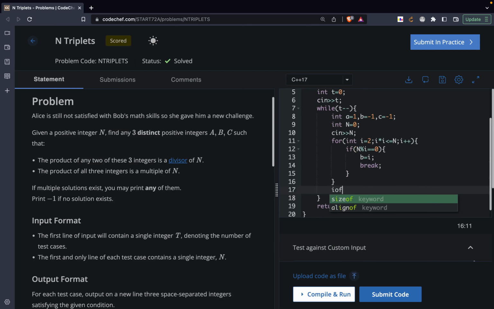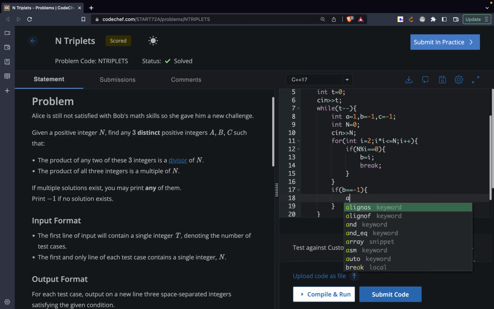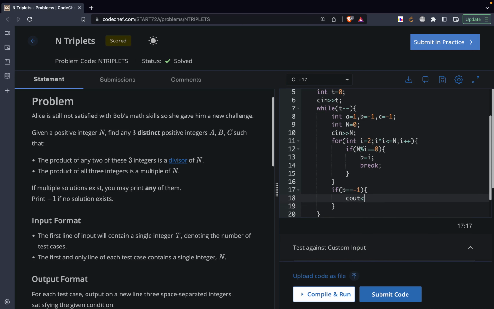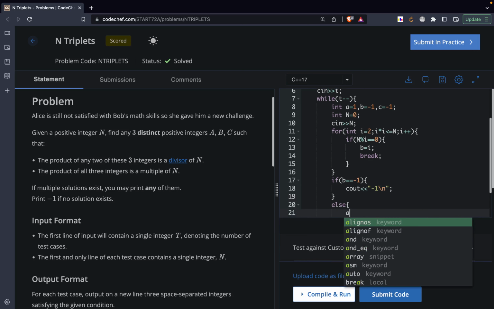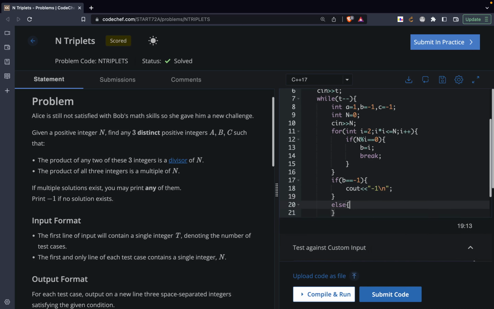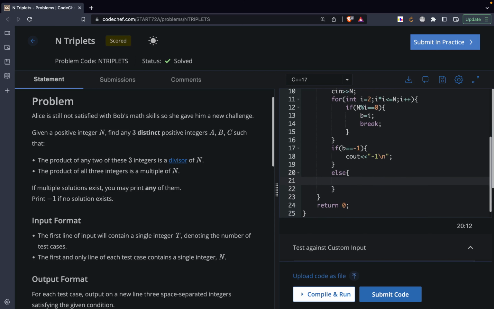Once I'm able to do that, I simply check if b is equal to -1. This would mean the condition never got satisfied, which means n didn't have any factors. In that case, we print -1. That's obvious. If the condition got satisfied, then we have three variables, a, b, and c, where c, as we said earlier, would be n divided by b.